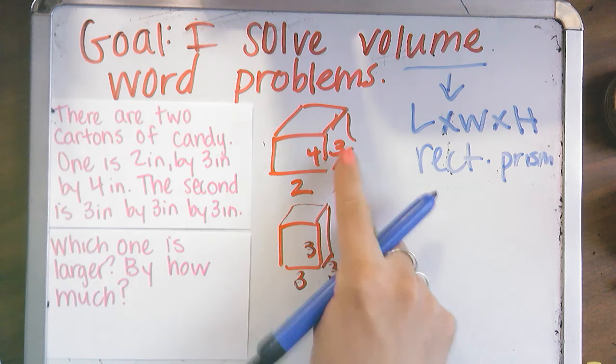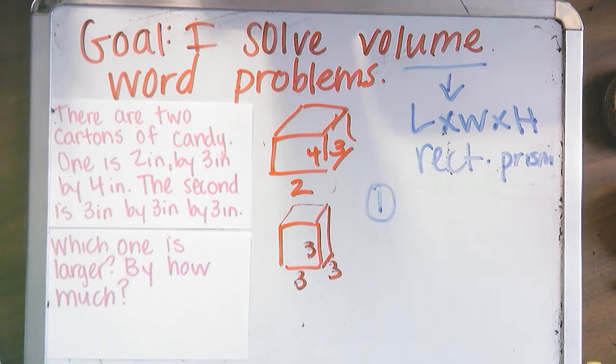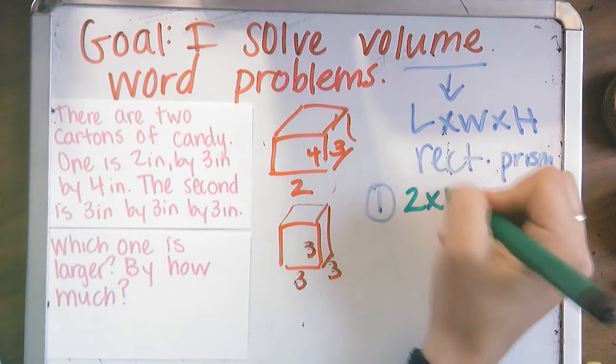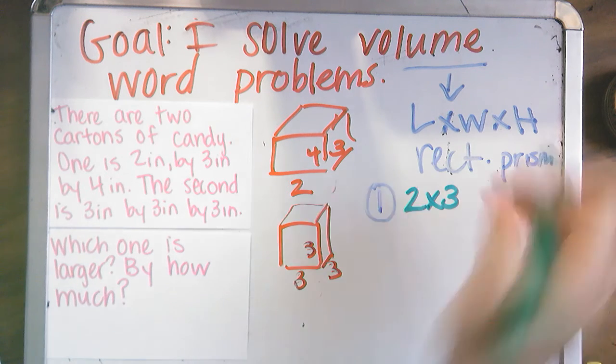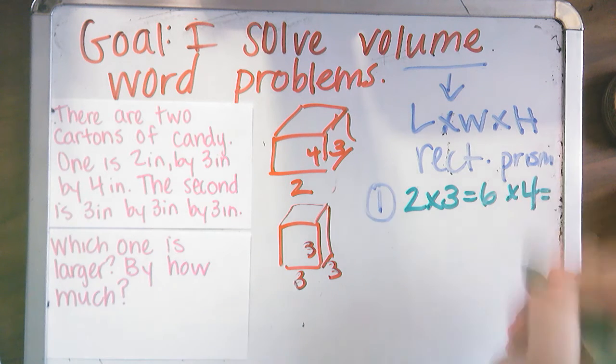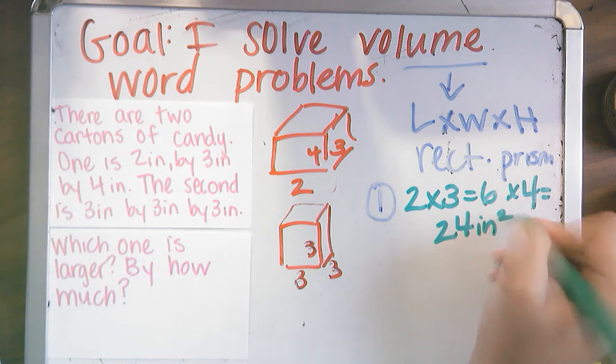So in order to do this, I need to find the volume of my first one. So we would do 2 times 3, which is 6. And we do 6 times 4. So that one is 24 inches cubed.